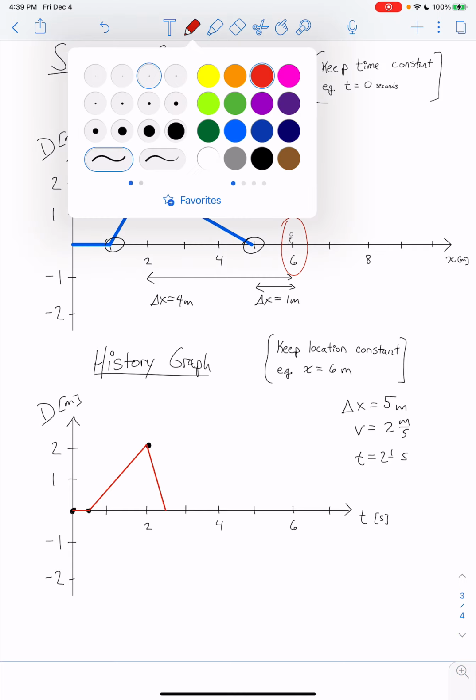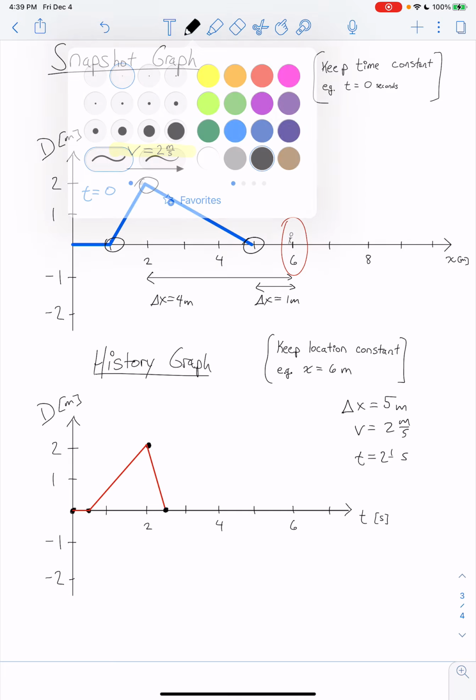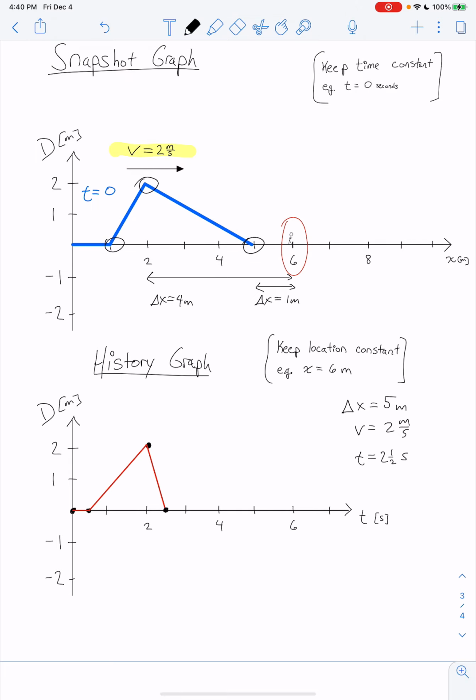Okay, so this is the exact same pattern as before, except that because it's all happening twice as fast, because of the higher velocity, it's going to look compressed.